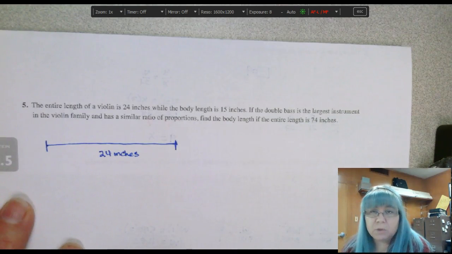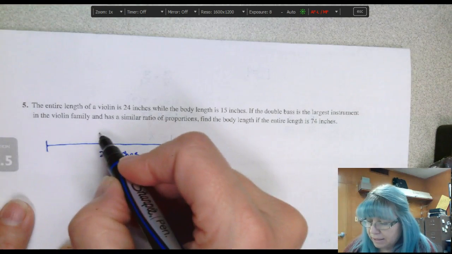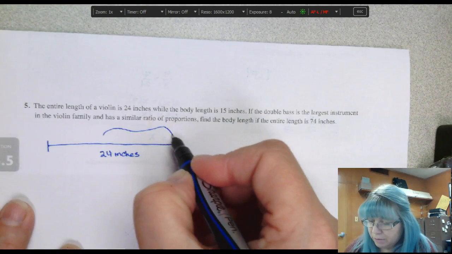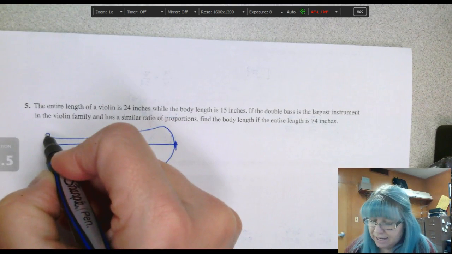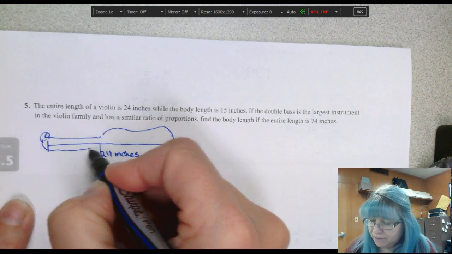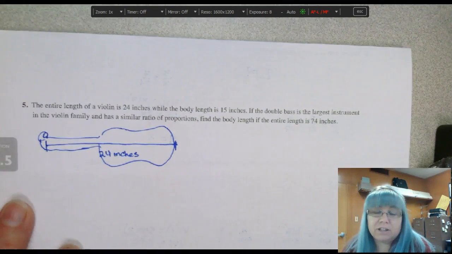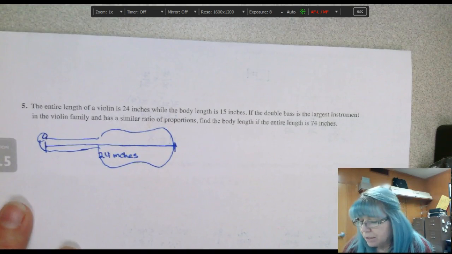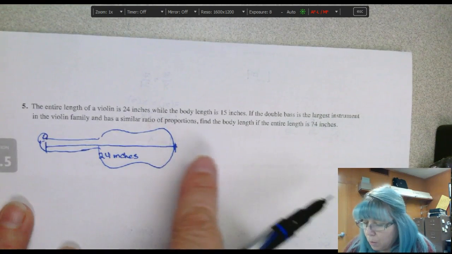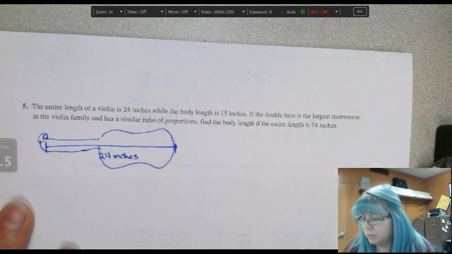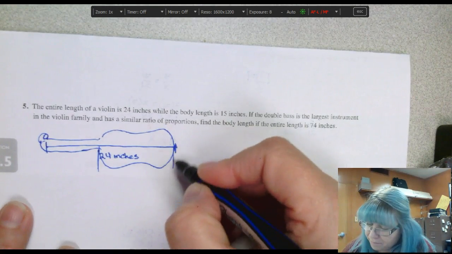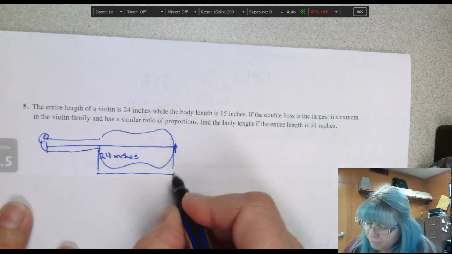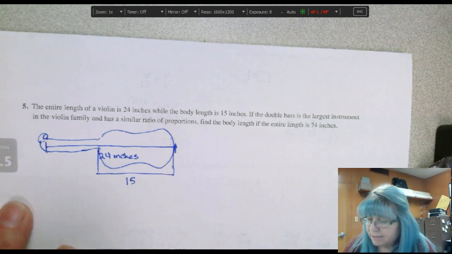If you're familiar with the shape of a violin, it has a body, kind of like that, and it has this neck, like that, and it has strings on it, and you use a bow to play it. So the whole entire length of the violin is 24 inches. The body's length is 15 inches.